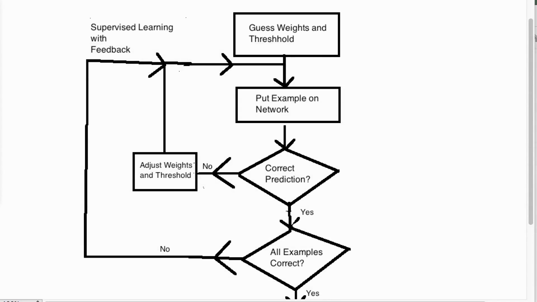The other question, and this is a much more theoretical question that we're going to return to shortly, is that you may have to come over here and consider "adjust weights and threshold." Well, the question is how do you do that? There are different ways to do this. These are what are called learning algorithms.